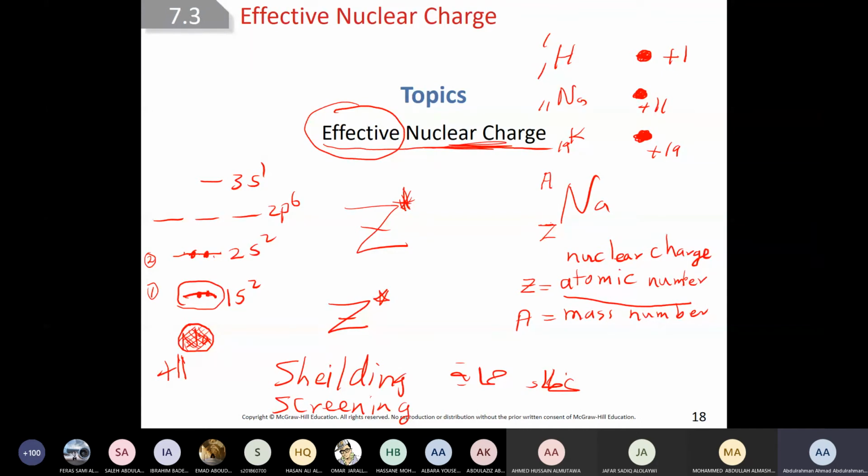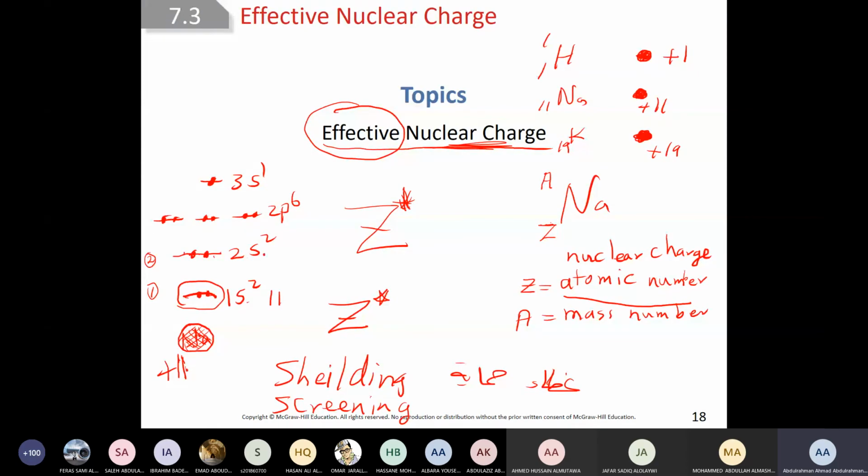How about this one? How many electrons? The last electron here. All these electrons will shield this electron from the nucleus. Is this clear? So, what will be the power of the nucleus to 1s2? Maybe it is 11. What will be the power for 2s2?